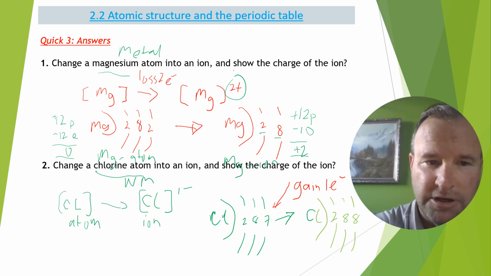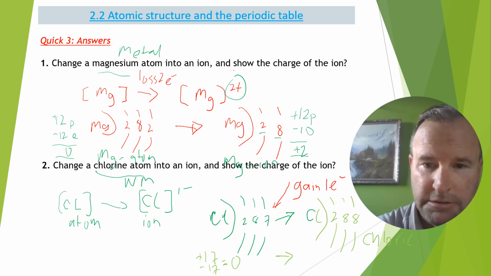Now, in terms of charge, we've got here 17 plus, minus 17. The overall charge is 0 for all atoms in neutral. And now that we've formed a chloride ion, remember the name change, chloride ion. I'll just highlight that there.